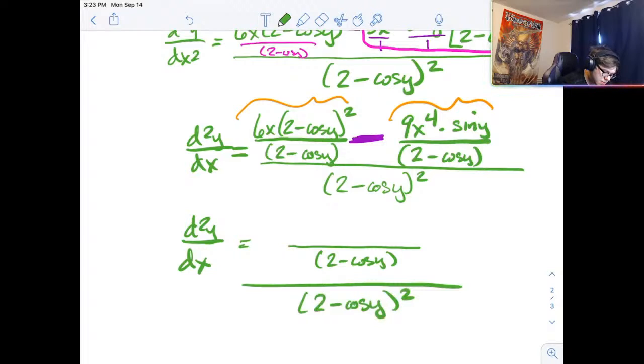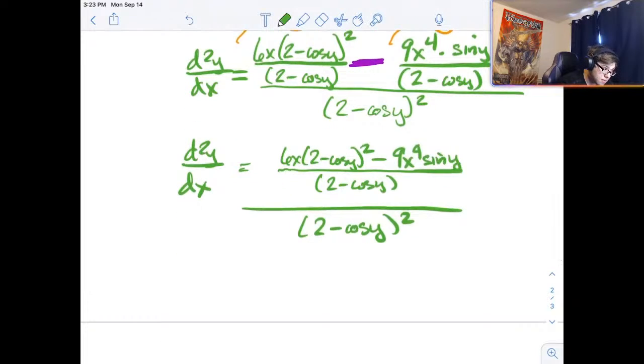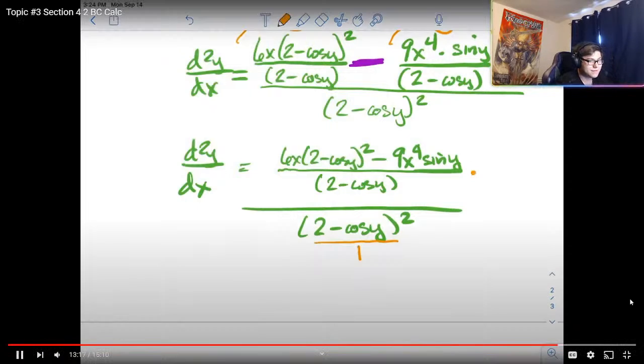We haven't done anything with it. But across the top, we're simply going to write it as 6x quantity 2 minus cosine y squared minus 9x to the fourth times the sine of y. The very last thing we're going to do is down in the denominator, we're going to put a little 1 underneath this, so we have a fraction divided by a fraction.